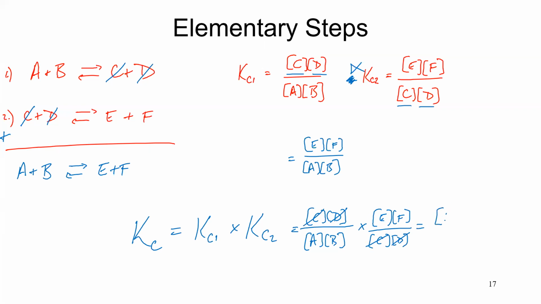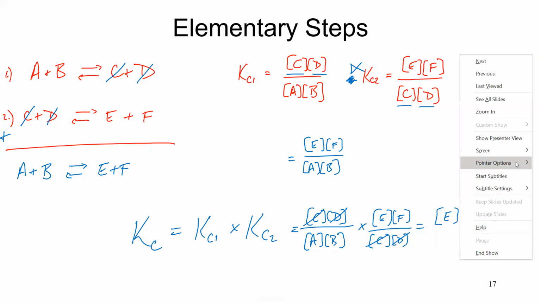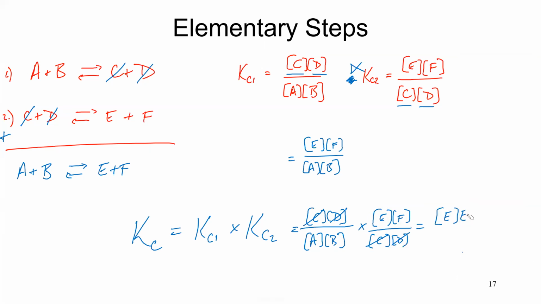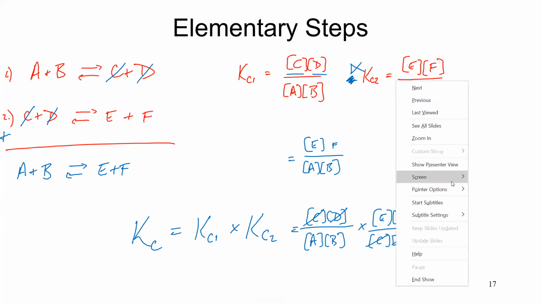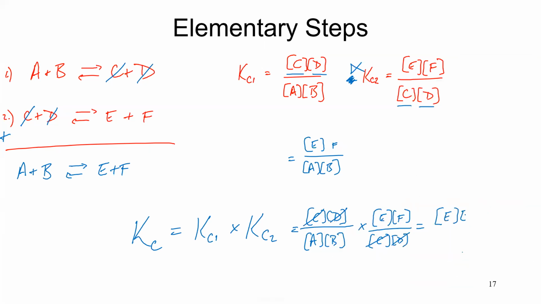I'm left with E times F over A times B. Okay.